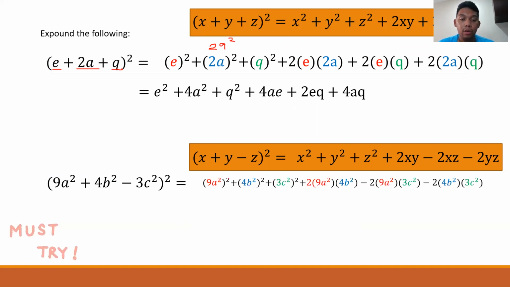All right, so if that's the case, you replace these variables with their corresponding values. So quantity 9a squared, quantity squared, plus quantity 4b squared, quantity squared, plus quantity 3c squared, plus 2 times 9a squared times 4b squared, minus 2 times 9a squared times 3c squared, and so on.